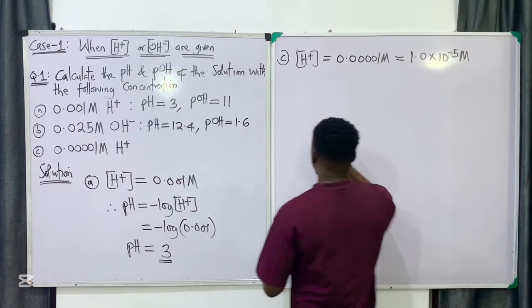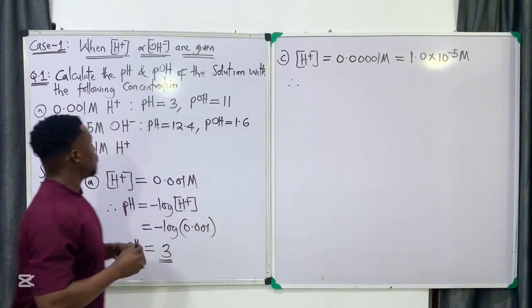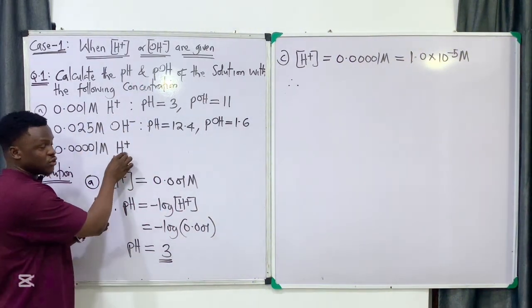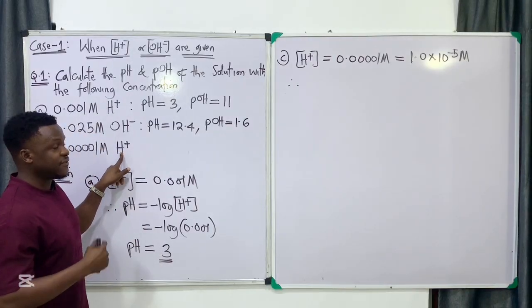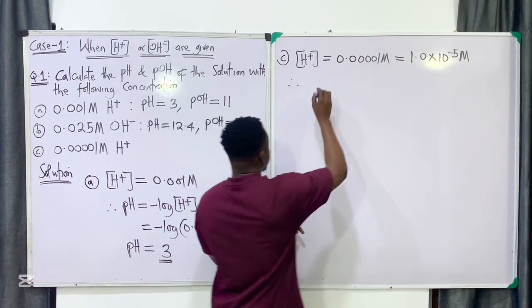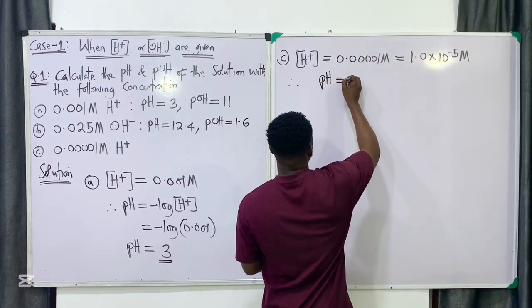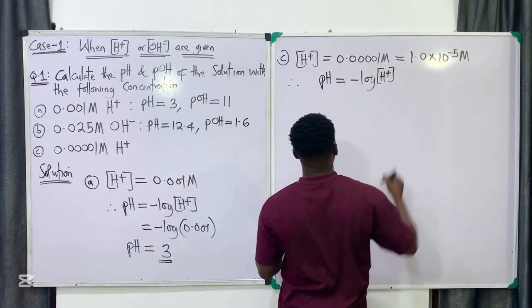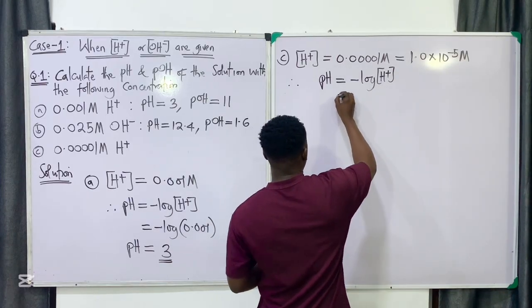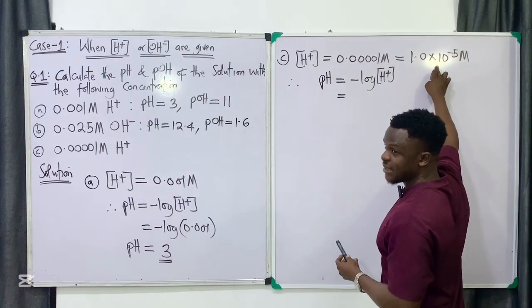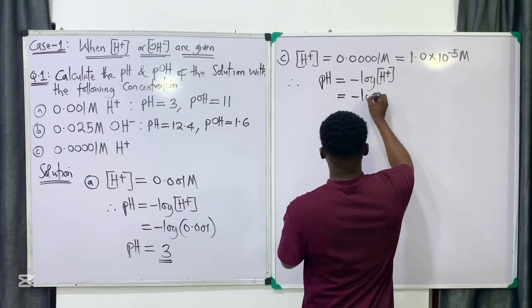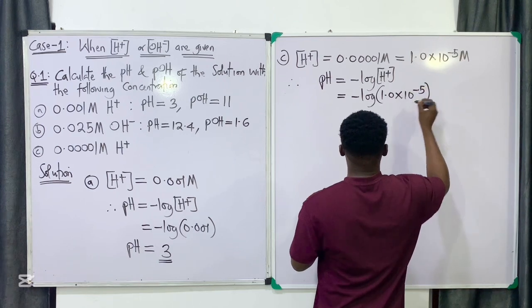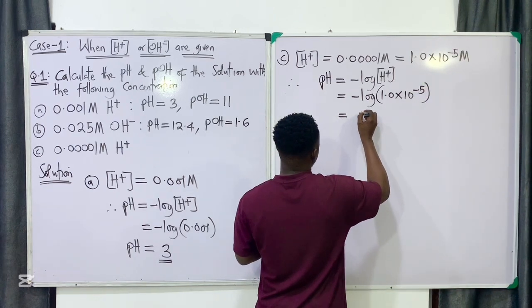Remember I said whichever one you solve first depends on what is given to you. Since H plus is given here, the first thing I'm going to solve is pH. So pH is equal to negative logarithm of H plus. Anywhere I see H plus, I insert this value. This becomes negative log of 1.0 times 10 raised to the power of minus 5, and the answer is 5.